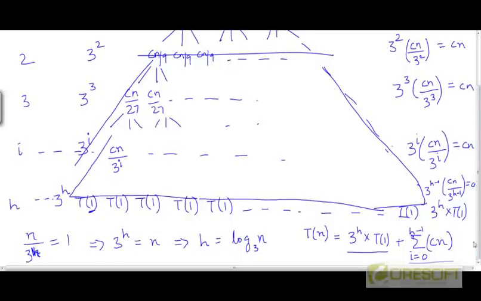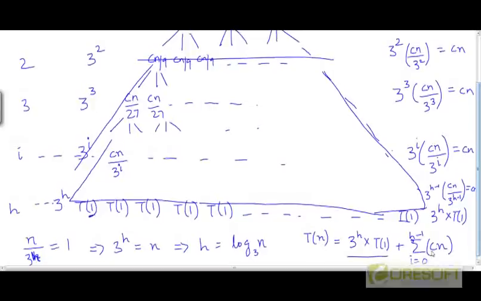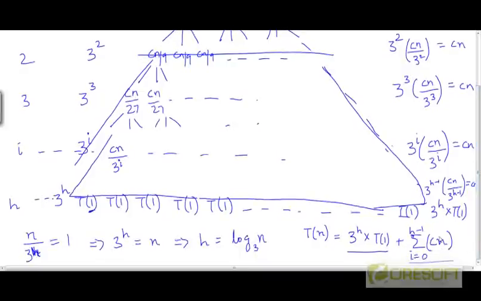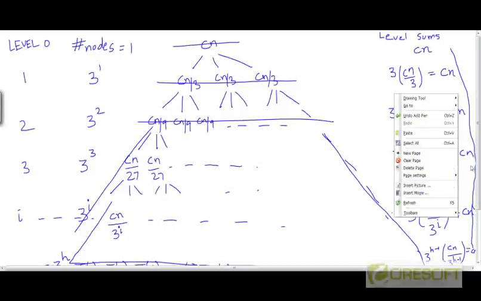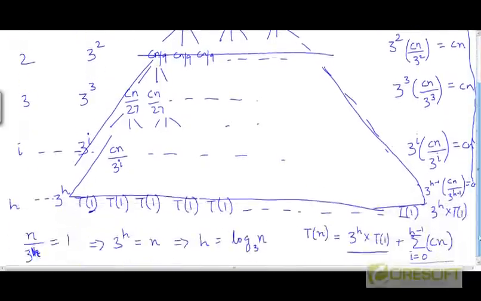Now this series here happened to be a very simple series because c times n was a constant, and so we could pull it out and we simply got cn multiplied by h. So this was a constant series. Adding these h terms was equivalent to adding the same term h times. You'll see in other recurrence equations that we can get more complicated summations over here.